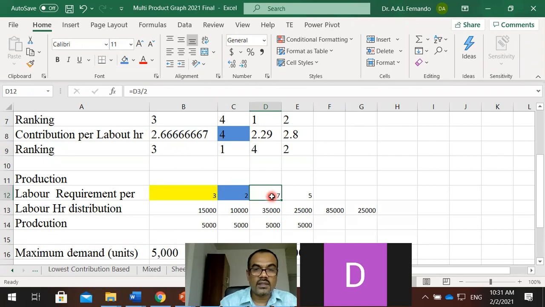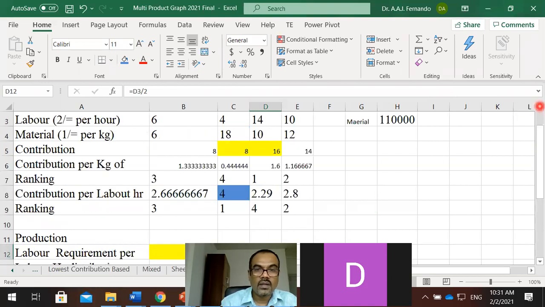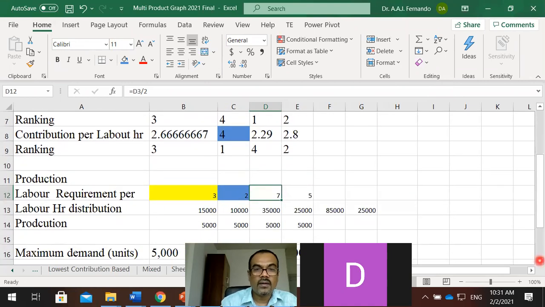Yeah, D3, one minute. D3, that is the labor hours, the cost, that is 14. 14 divided by 2, labor hours 7. Here labor requirement is 2, labor requirement is 3. So you have all.